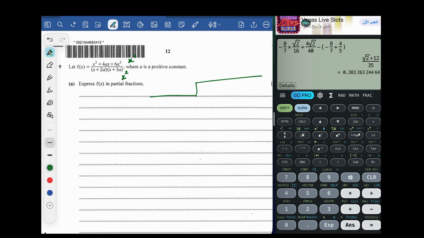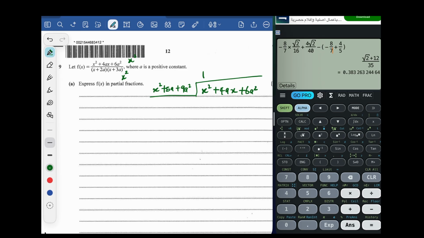So when I expand that, I should get x squared plus 5ax plus 9a squared. You should be able to see that mentally at year 13. All right, so this is x squared plus 4ax plus 6a squared, right? So if I divide, this is 1, or we can even just subtract them, it's fine.